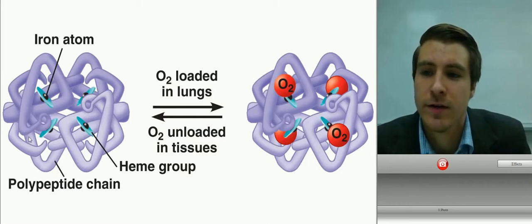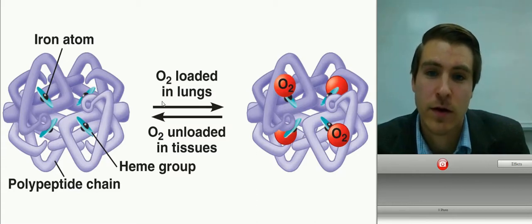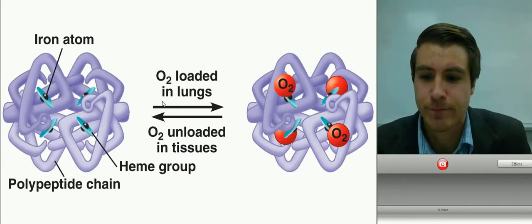And so this protein, very, very important for loading and unloading oxygen, shuffling it around your blood. If you didn't have it, you would die. You wouldn't be able to live because oxygen, as we know before, is necessary in cellular respiration.